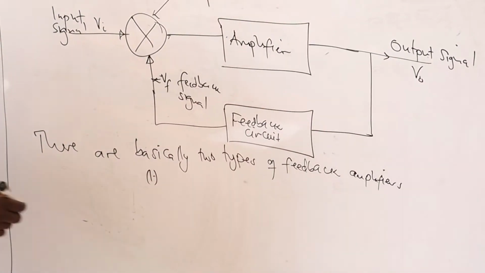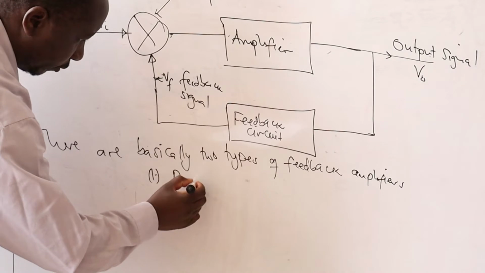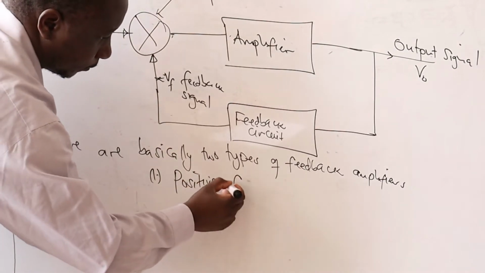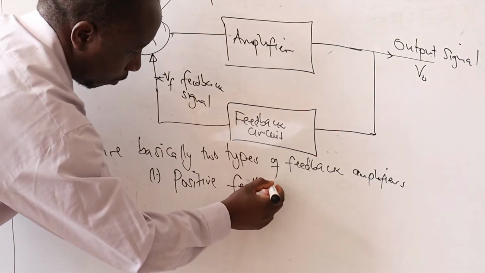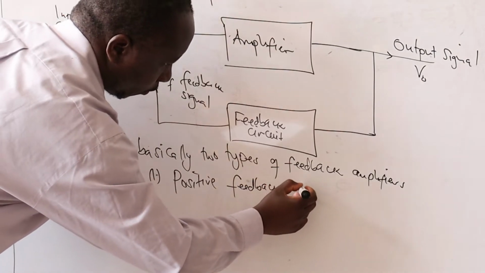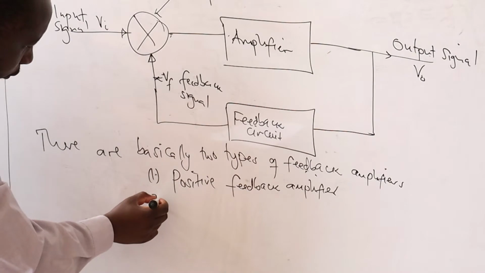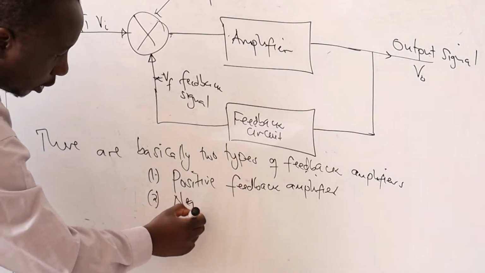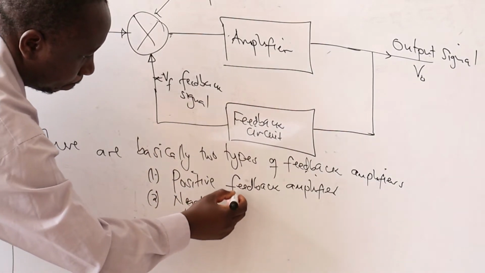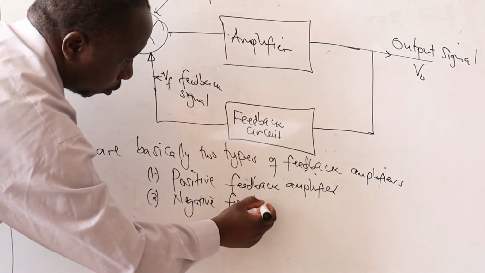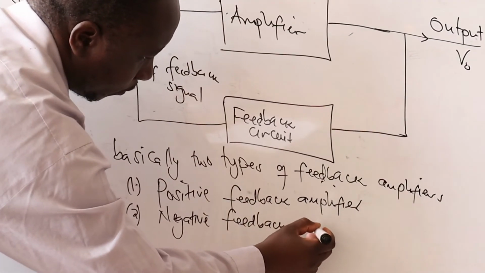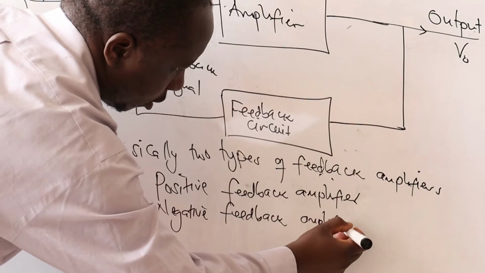Roman 1 is a positive feedback amplifier, and Roman 2 is a negative feedback amplifier.